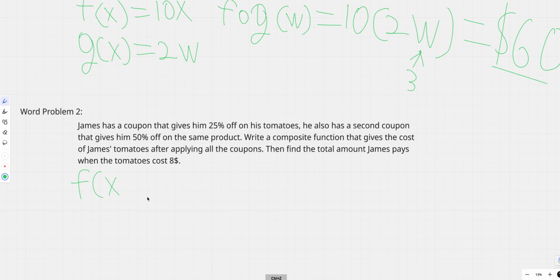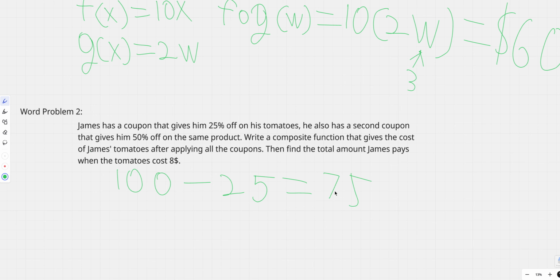Oh yeah, that wouldn't work, because that would give you how much he saved. So we need the first bit. Okay, it should be C.